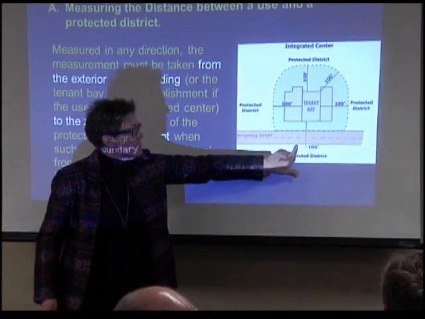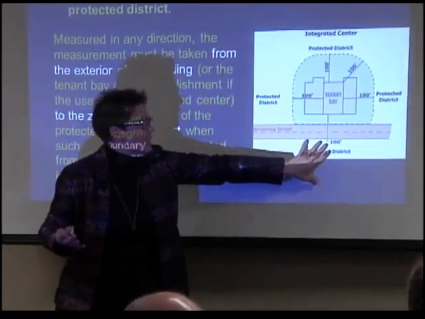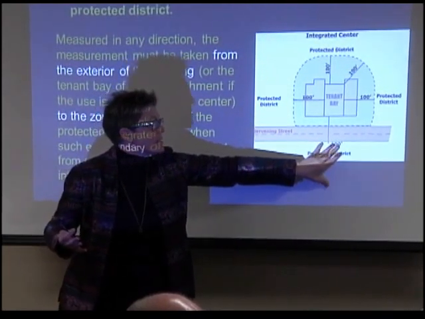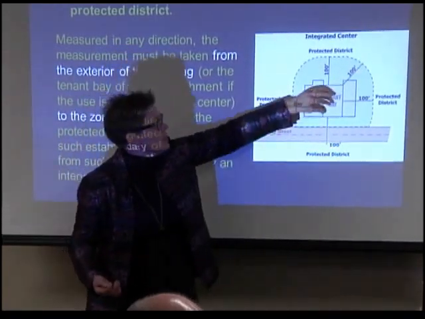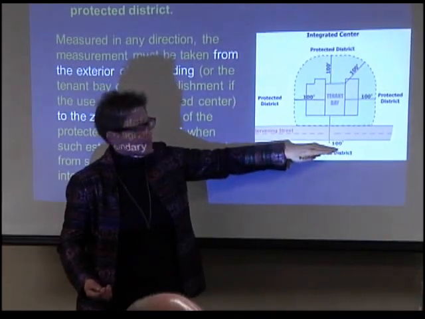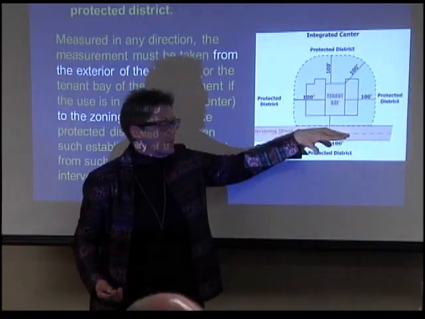So if there was a residential district here, let's just say, and this is a use that had to be 100 feet away from that residential, that use could still go there because there's an intervening street.